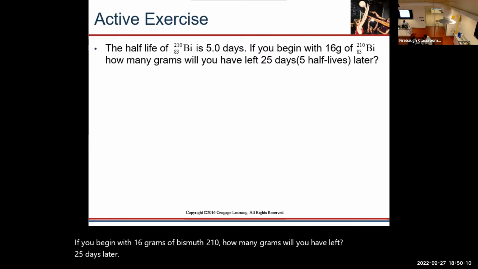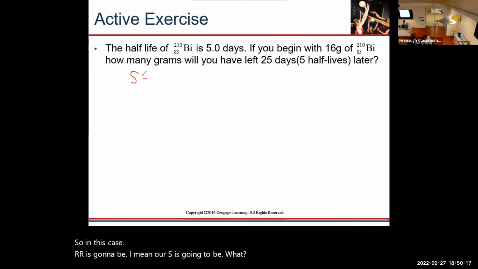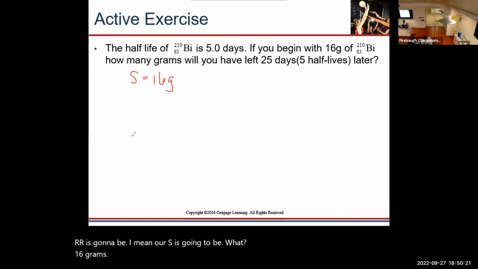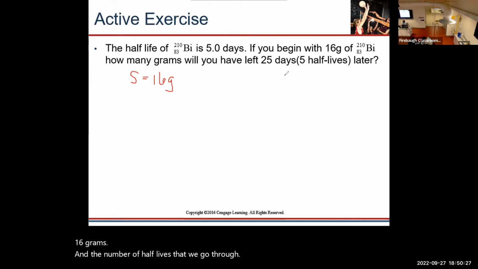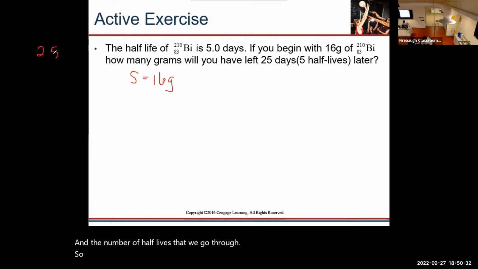So in this case, our S is going to be what? 60 grams. And the number of half-lives that we go through? So 25 divided by 5. That's going to give us 5 half-lives.